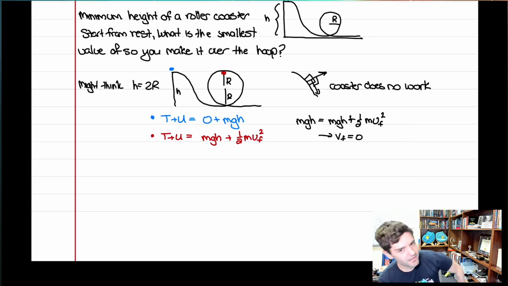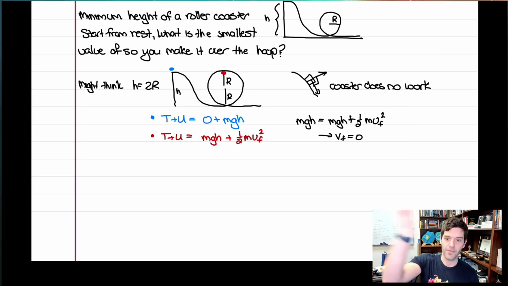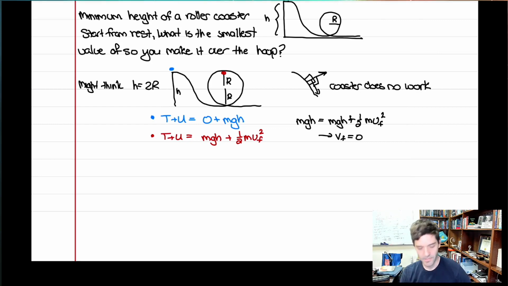So in this case, you not only want it to make it through the loop, but you want it to make it through the loop while retaining circular motion, without it plopping down.